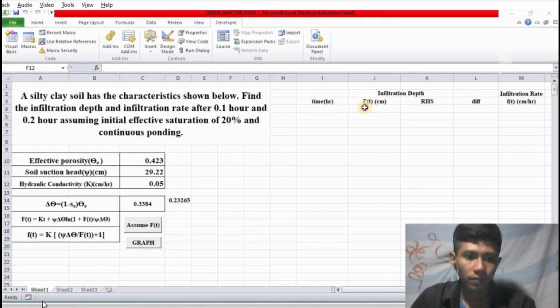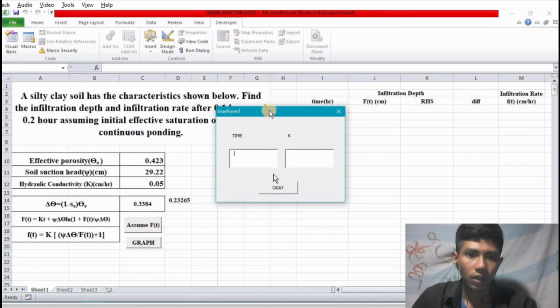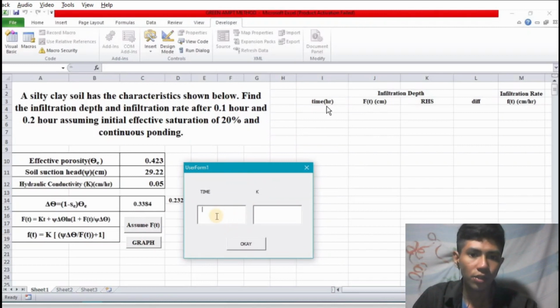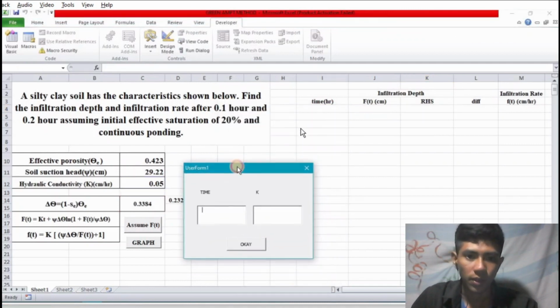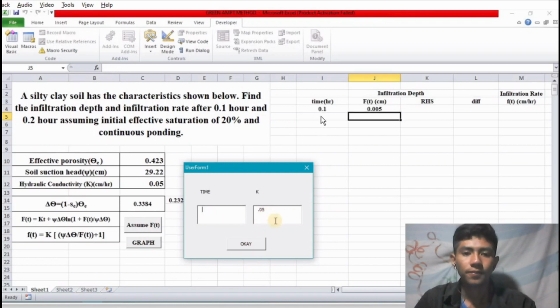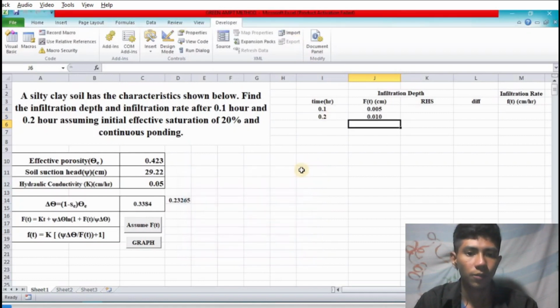The hydraulic conductivity times the time 0.1, then 0.05, and 0.2. Now we've got the assumed, or guessed, value of F(T).